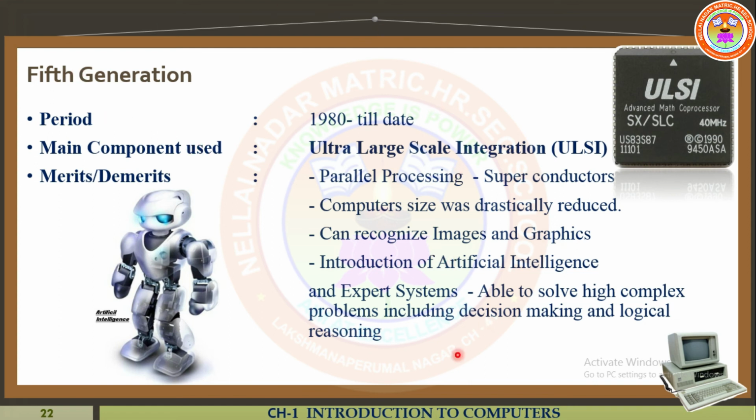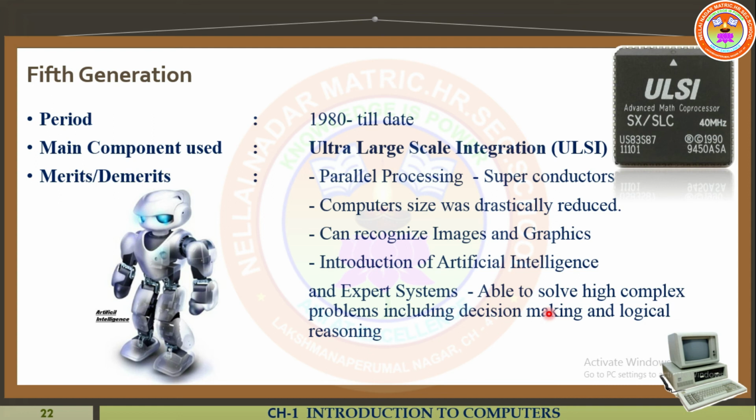And in this period we introduced the artificial intelligence concept. Now this concept is very famous technologically around the world, and we use artificial intelligence from this generation onwards. Artificial intelligence and expert systems are able to solve highly complex problems, including some decision making and logical reasoning.